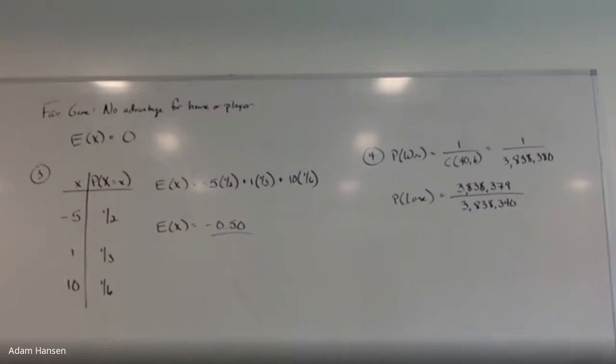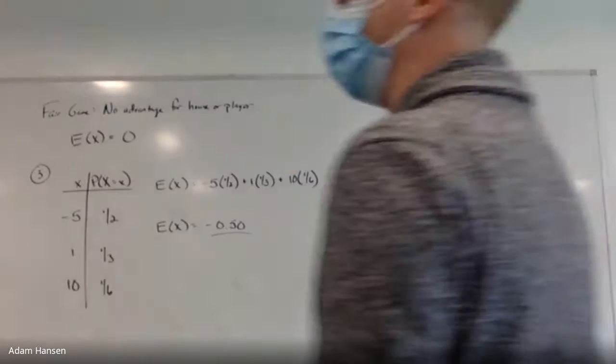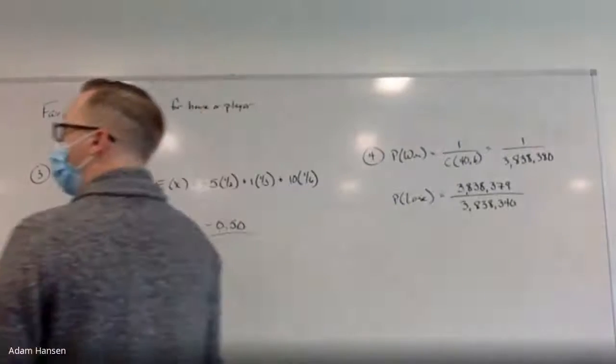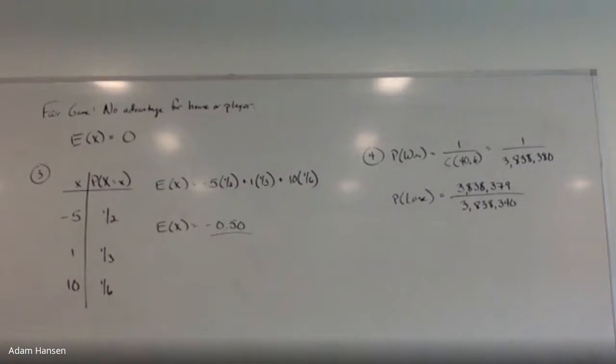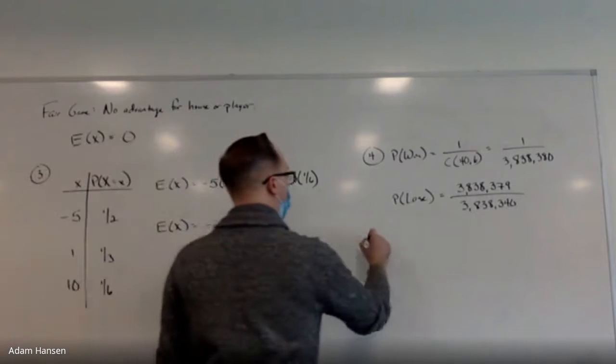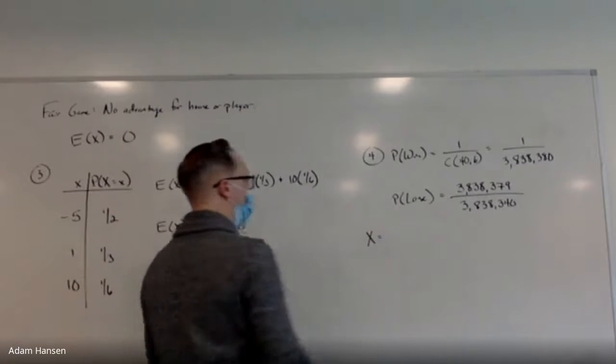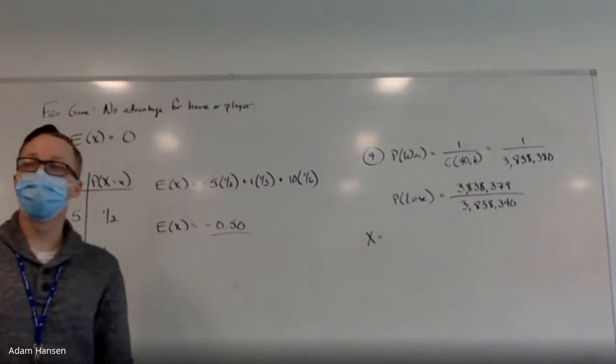Okay. What's the expected value for this lottery game? Suppose that a lottery ticket costs $1 and the prize for having that winning ticket is $1 million. What is the random variable? Let's define X first. Capital X represents what?